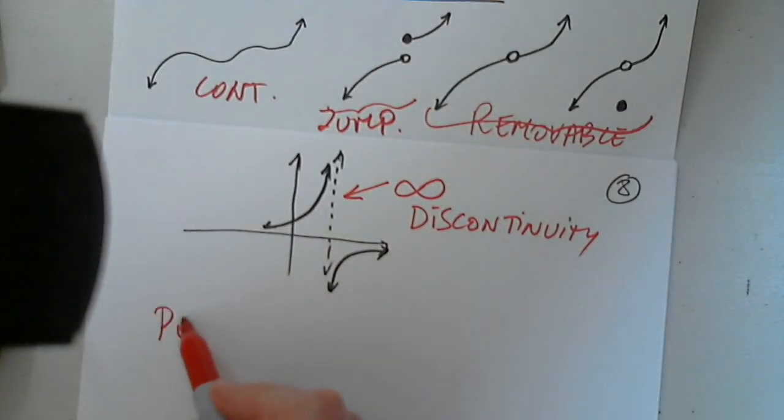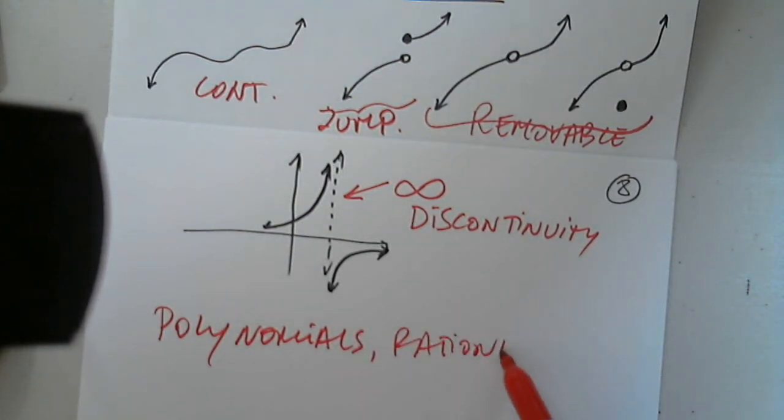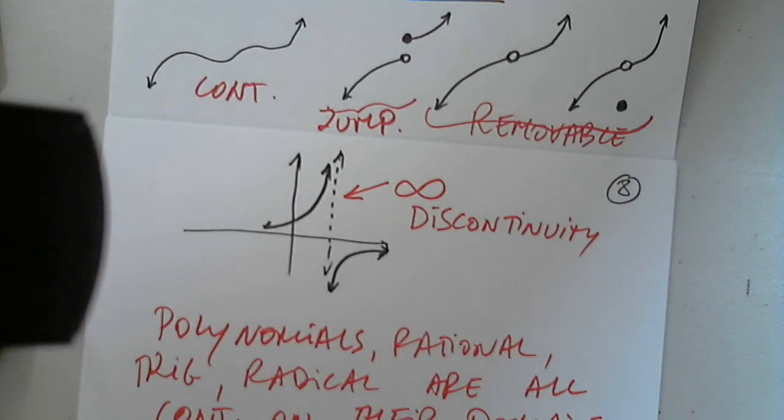So polynomials, rational, trig, radical are all continuous on their domain, or domains if you want.